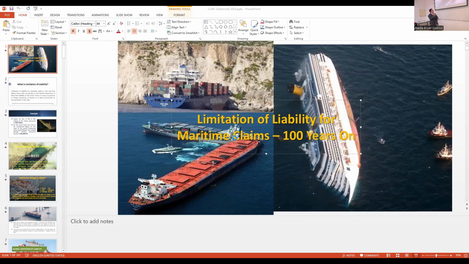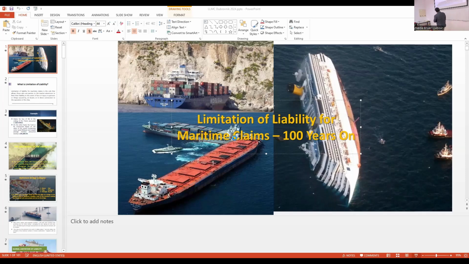Practical problems. The Ever Given, as I mentioned, faced around $916 million in claims, including a claim for $300 million for loss of reputation. So that brings us to your question. See what the difference is. This was a very big ship, 219,000 tons.